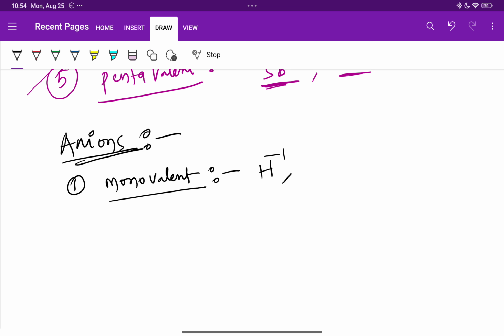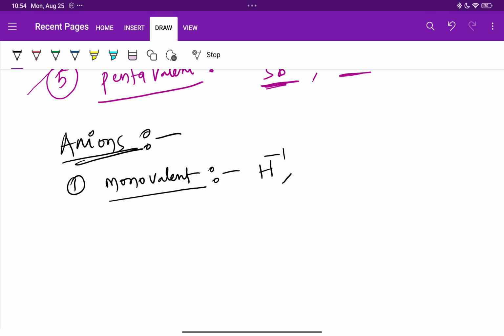Example, O minus 2 oxide, S minus 2 sulfide, CO3 minus 2 carbonate, SO4 minus 2 sulfate, SO3 minus 2 sulfite, Cr2O7 minus 2 dichromate, C2O4 minus 2 oxalate, MnO4 minus 2 manganate. So these are the good examples for bivalent anions.